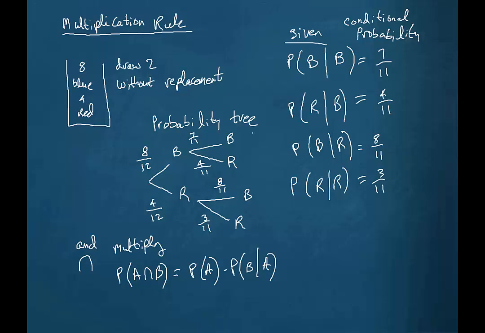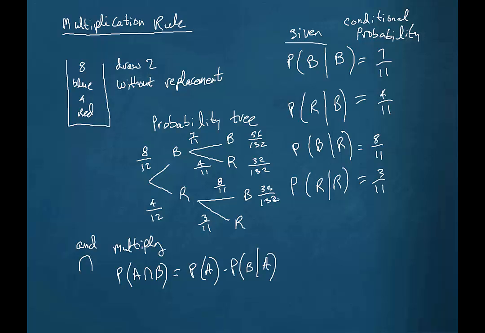We'd have 56 out of 132 from the first branch. We would have 32 out of 132 for the second branch. For this third branch, we'd have another 32 out of 132.